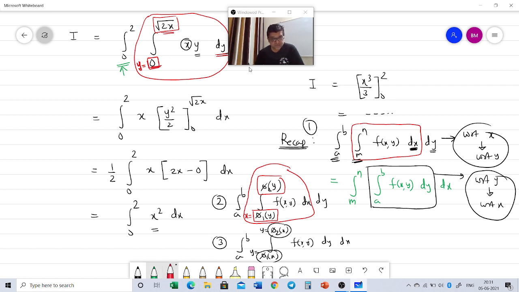And if these are limits of y, you have to integrate with respect to y first, and then you have to integrate with respect to x later. So I hope using these examples and using this discussion, you have clearly understood the idea of order of integration, which is very important in evaluation of any double integral.